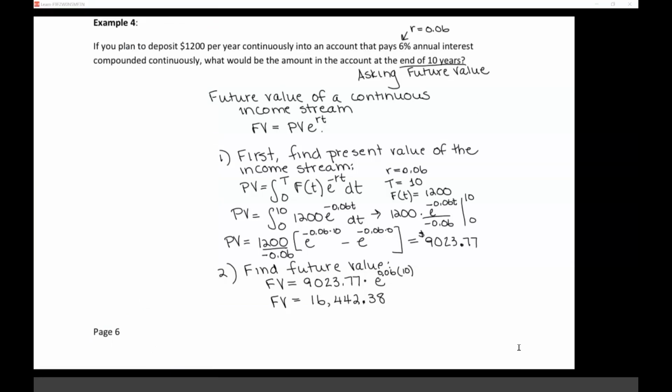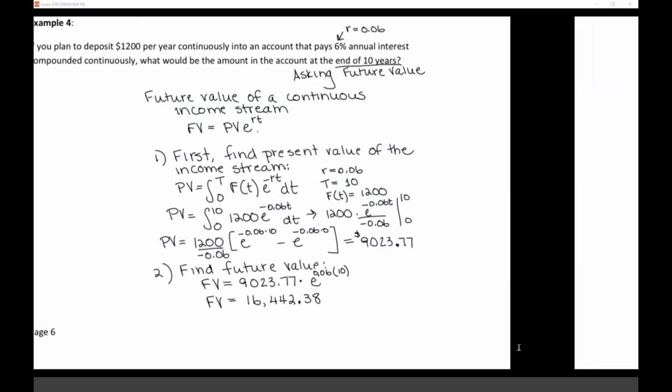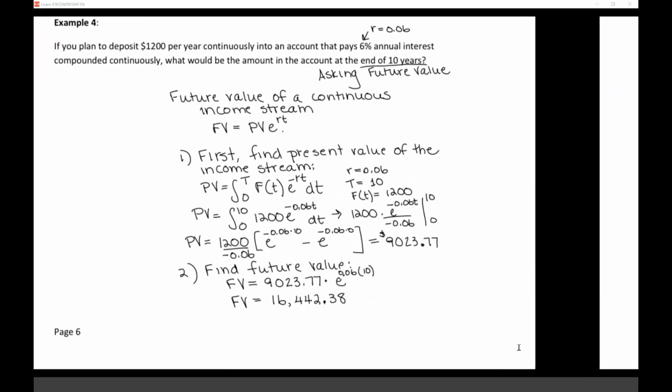Questions on this example? Questions on 4? Okay. I'm going to start the 5th problem, and I'm not sure if we'll have enough time to get through the whole thing. Everybody all right with 4 before I move on?